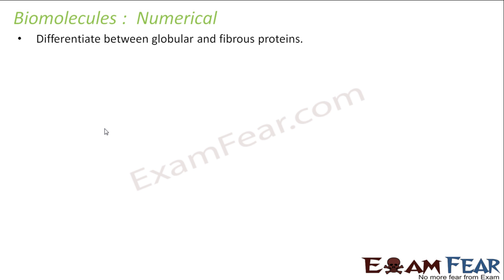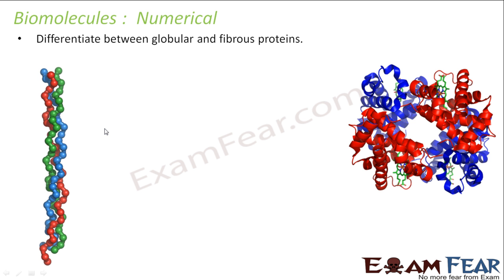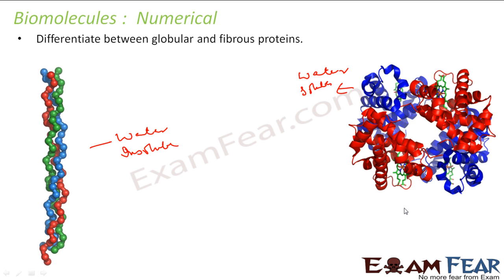If you differentiate between globular and fibrous protein, this is the structure. Globular looks like globe, fibrous looks like fiber, right? So this fiber is water insoluble, this is water soluble, this is globular and this is fibrous, right?